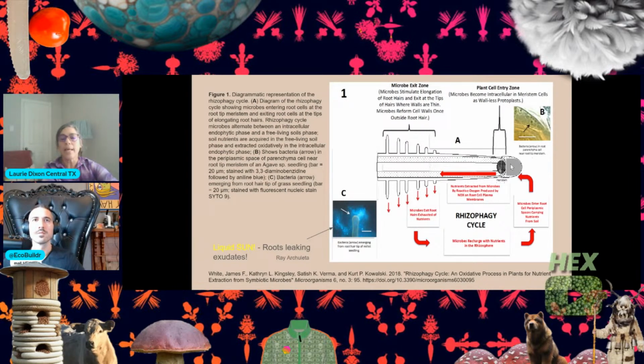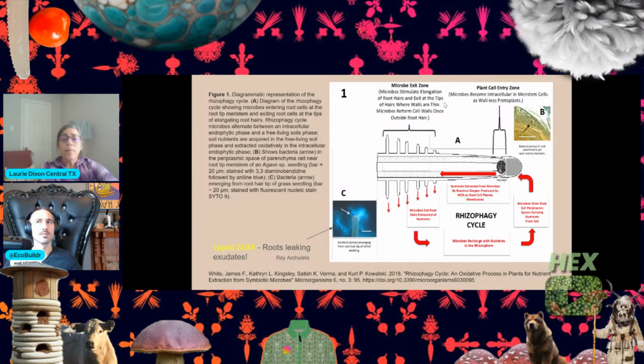That's not what's happening. Those root hairs are growing as pathways, exit pathways for the bacteria. So their cell wall has been broken down. These root hairs grow based on the bacteria that are exiting.